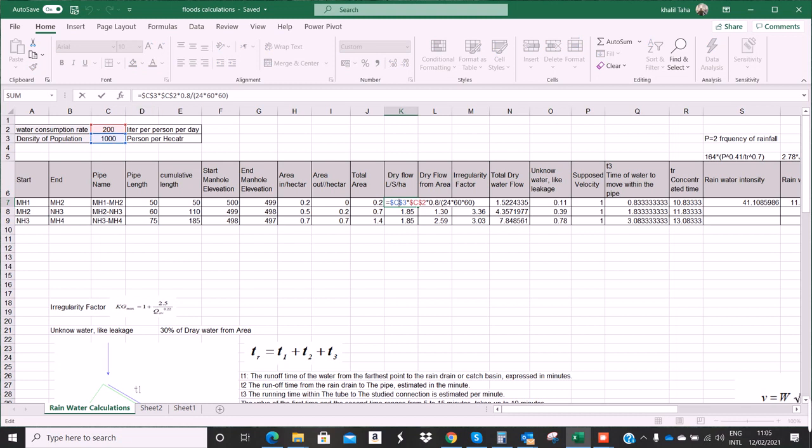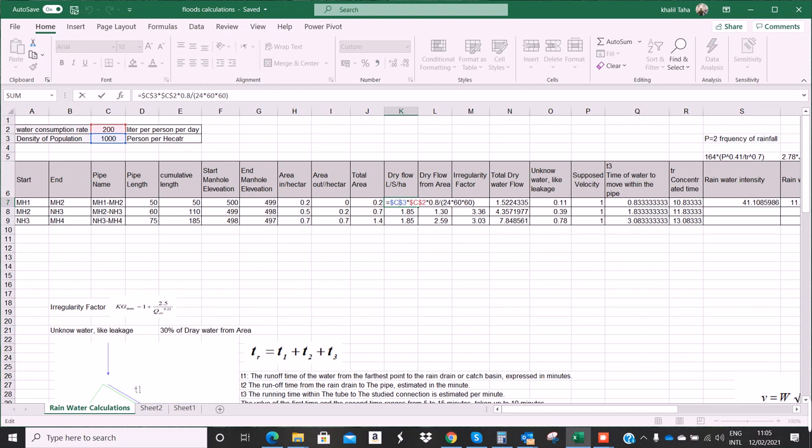Why 0.8? Because we assume 80% of the provided water goes through the sewage network or the sewer pipes, and the person will just consume 20% of the provided water.